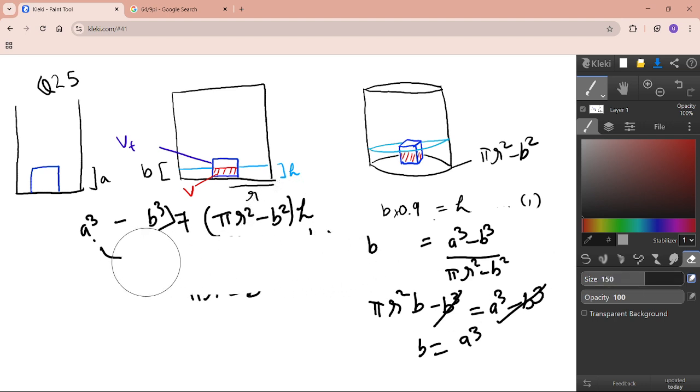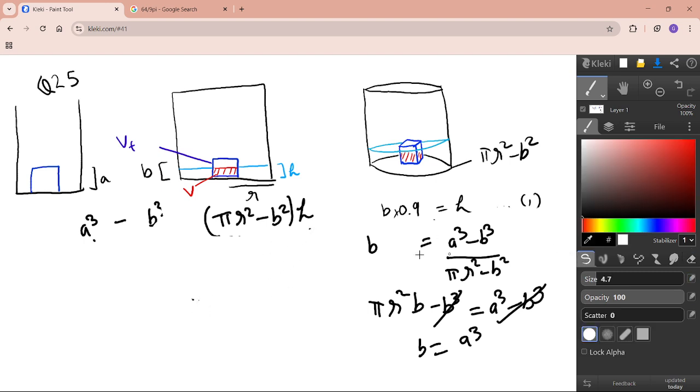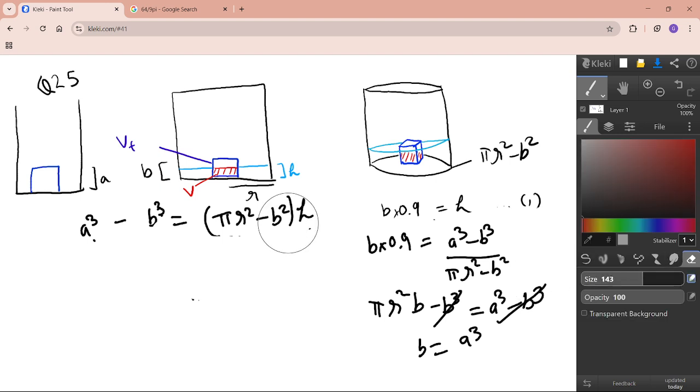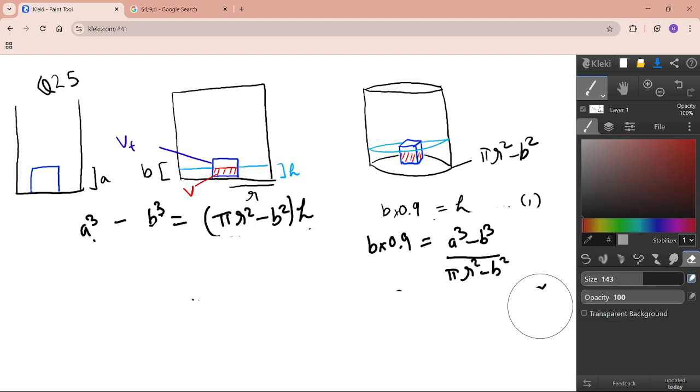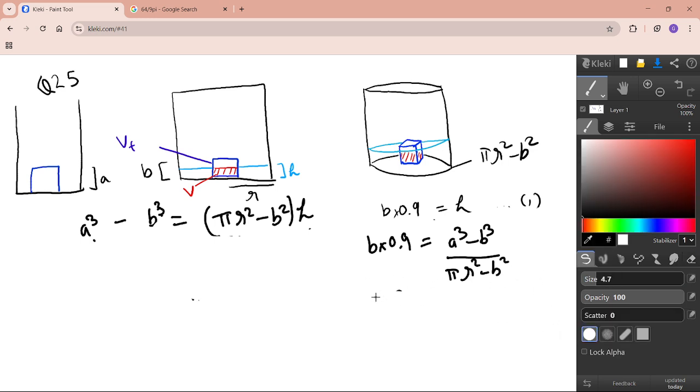This is one way they get it wrong. The other way they get it wrong is similar. They say that it's equal, of course, but they do not have the dumbness to say that 0.9 is equal to 1. Rather, they say, solve it. So r square is 9. 9 into 9 is 8.1 pi minus B cube times 0.9 equal to A cube, which is 64 minus B cube. And solve it.